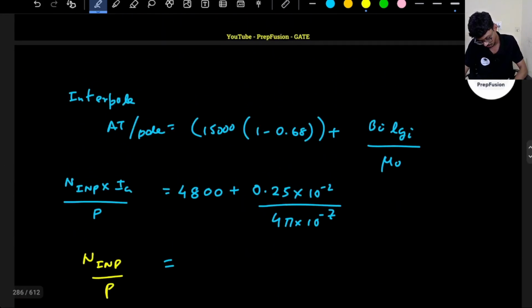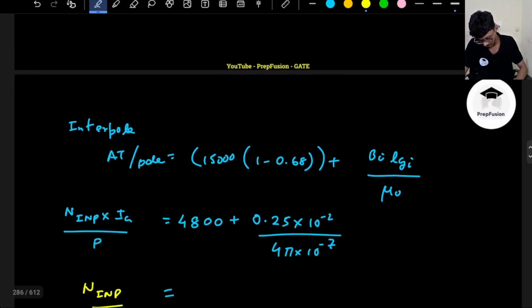So this will be equal to 4800 plus 0.25 divided by 4 pi into 10 raised to power minus 5, all divided by the armature current.